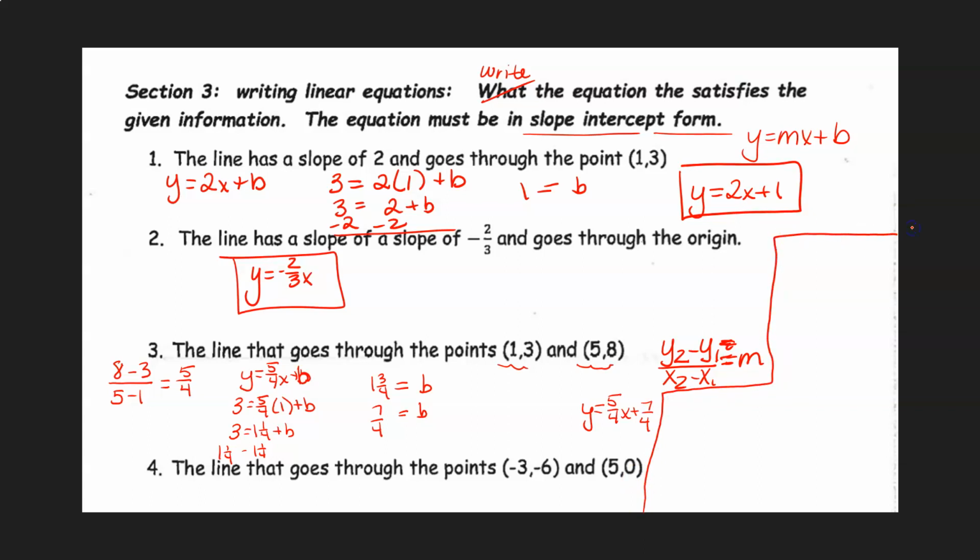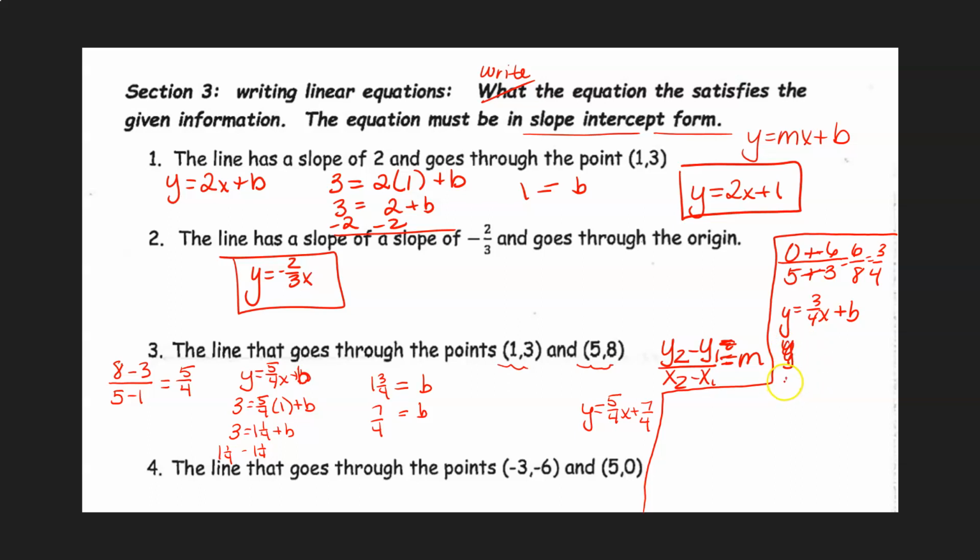Okay, so let's find the slope first. So I have 0 minus negative 6 over 5 minus negative 3, which gives me 6/8 or 3/4 when you reduce it. So I have y equals 3/4 x plus b. I'm going to put in 0, 5.